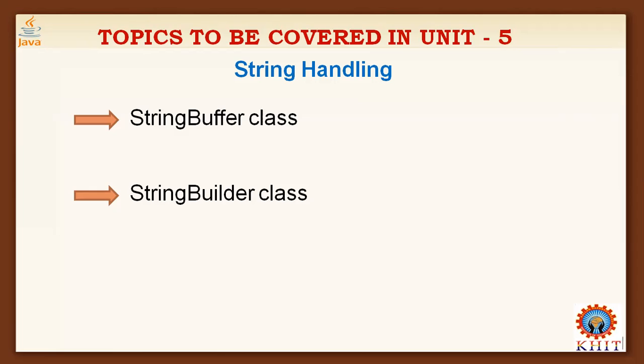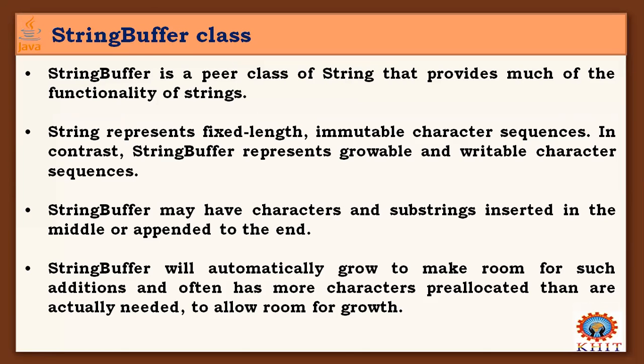First one, the StringBuffer class, is a peer class of String that provides much of the functionality of strings, but it allows you to modify and change the values of the string object.